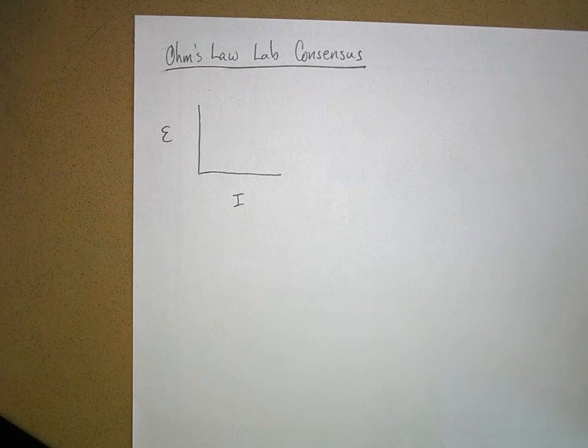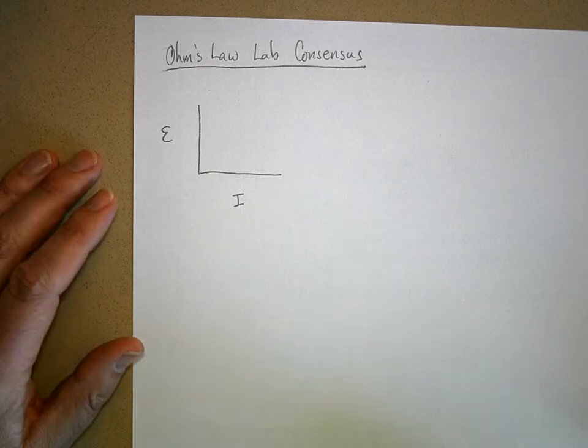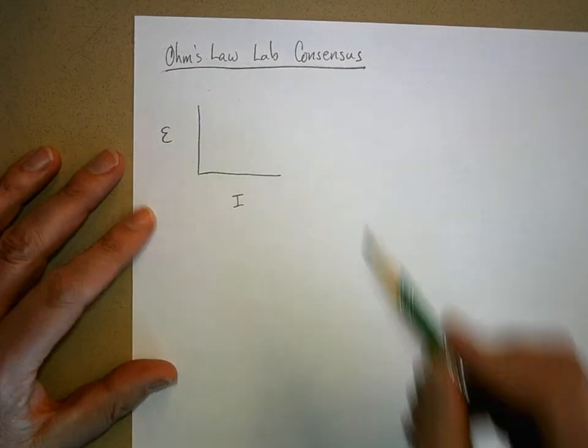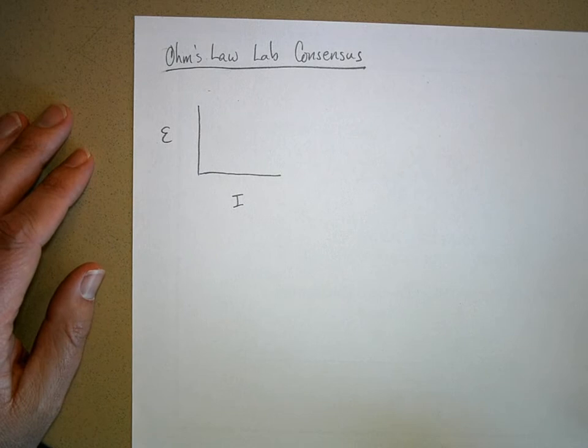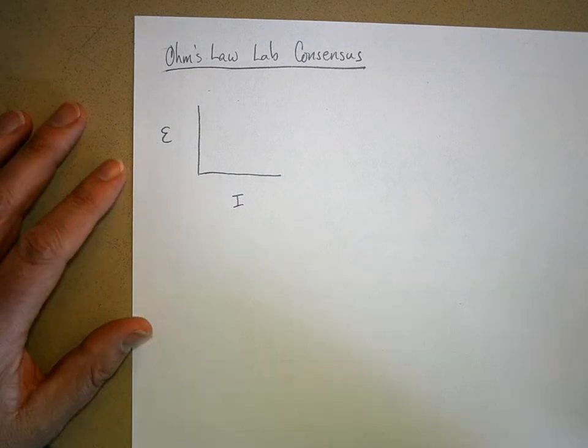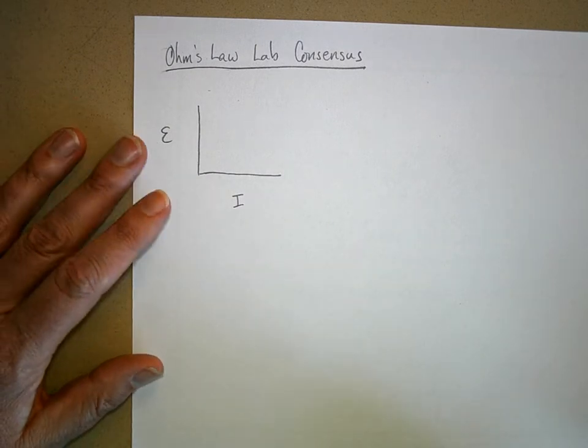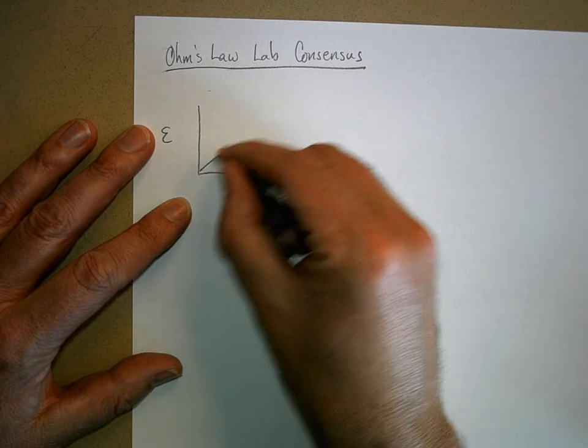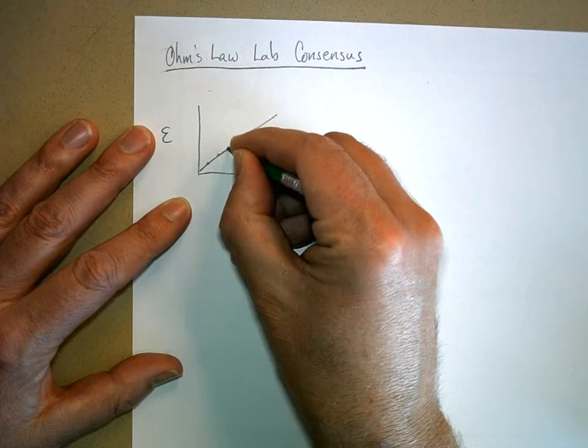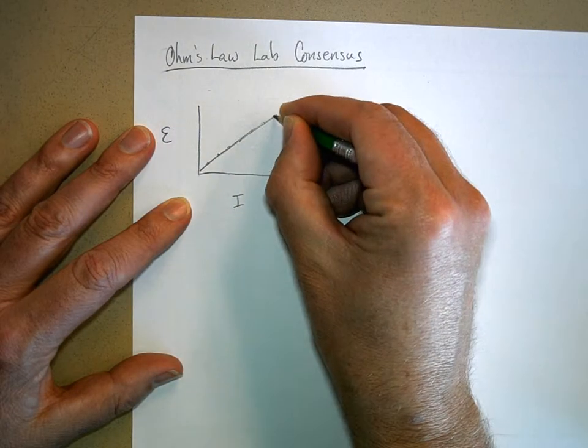But there's no law that says you have to put the independent variable on the horizontal axis. You can do whatever you need to do. And so we graphed these, and what you found was that when you graph the data, it was a straight line, right?